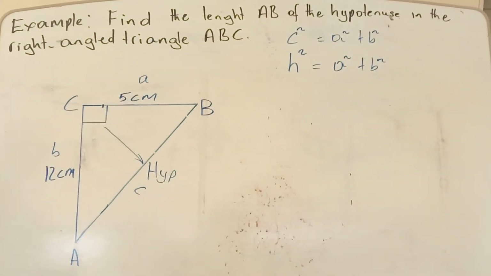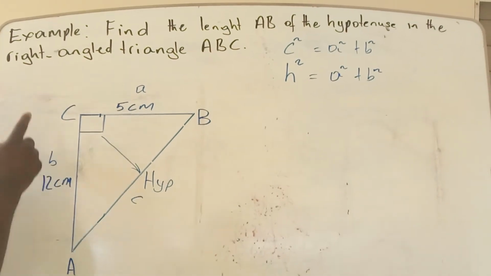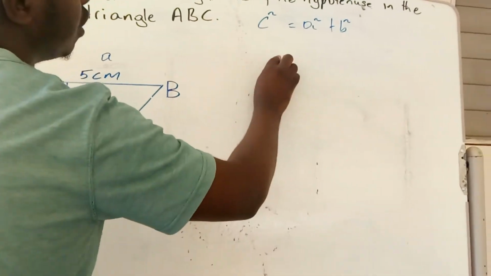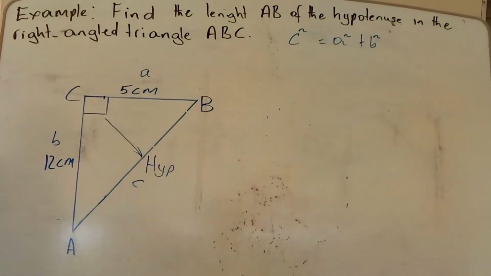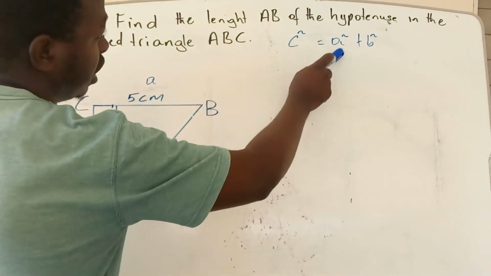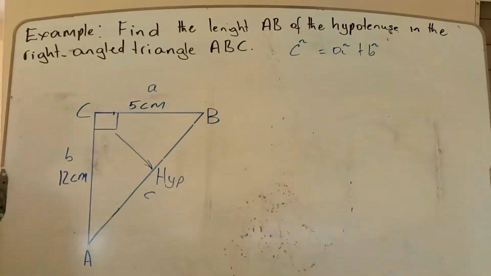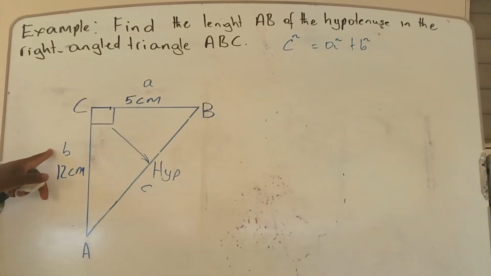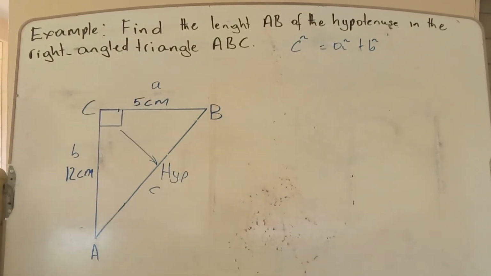Alright, so since we have A, B, and C, let us work with the one with A, B, and C so I don't confuse you. So what we know is that C squared is equal to A squared plus B squared. Now we have identified where C is, where B is, where A is.